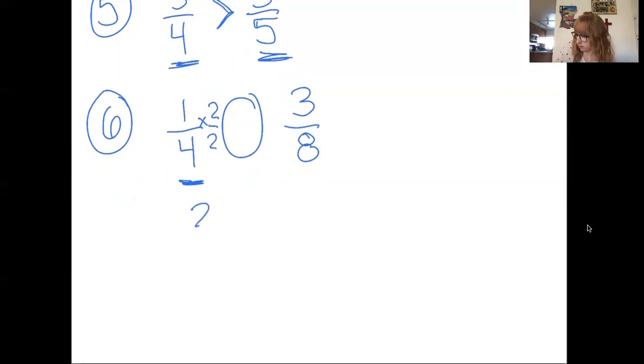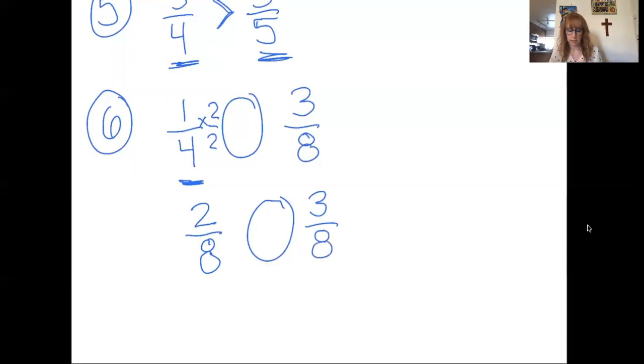So I have 2/8 compared to 3/8. Now, the question is, are these two fractions equivalent? And remember, equivalent means equal. So 2/8 and 3/8 are not equal. Okay, so just remember that when we do our conversion, that's how we can most easily compare fractions.